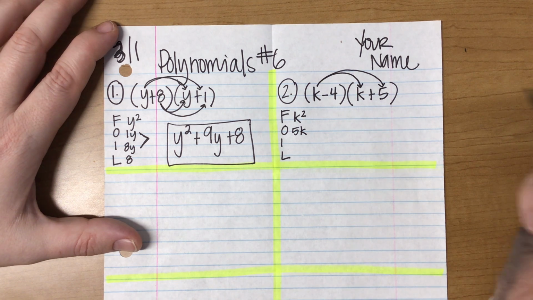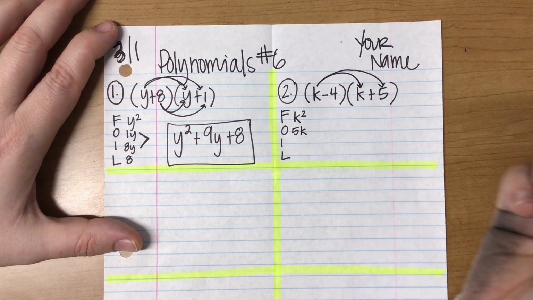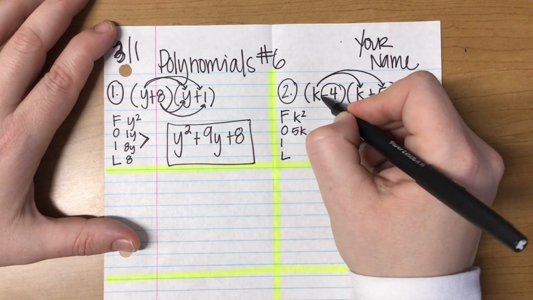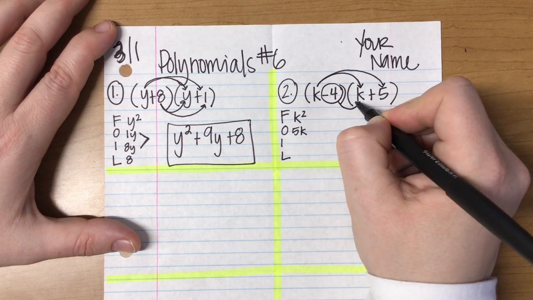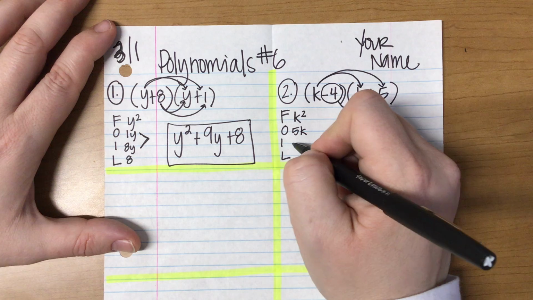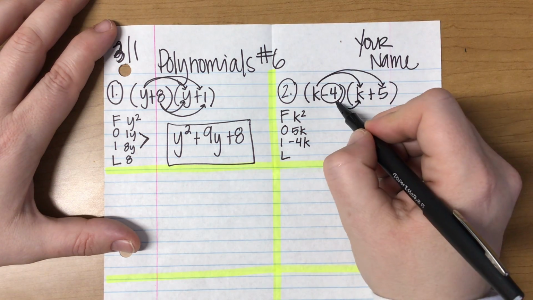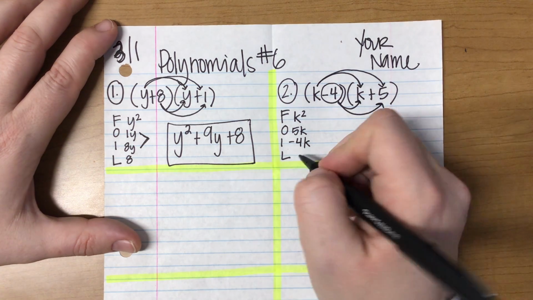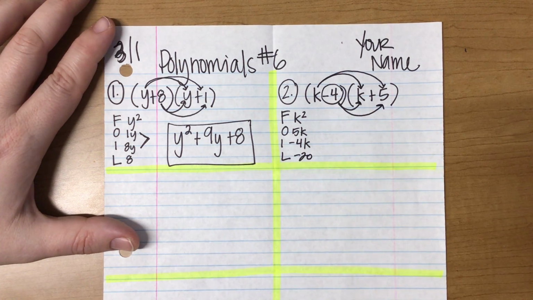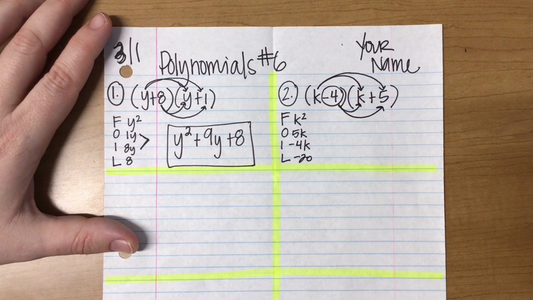I distributed the first term. Now I'm going to distribute the second term. Negative 4 times k is negative 4k. And last, negative 4 times 5 is negative 20. First, outside, inside, last. FOIL.